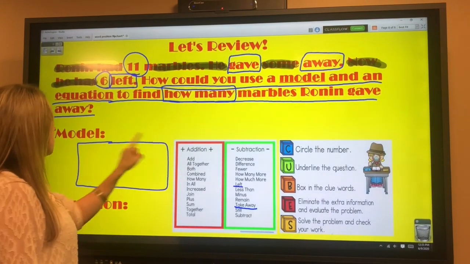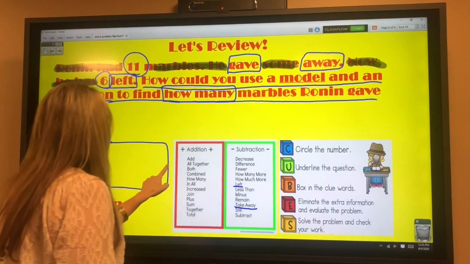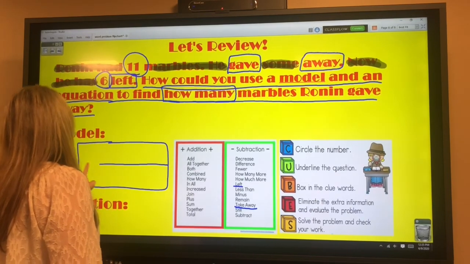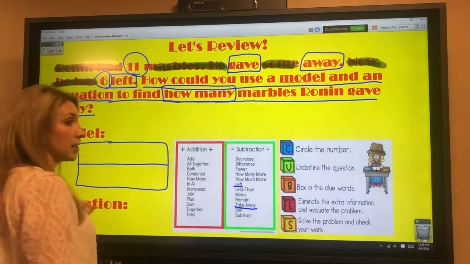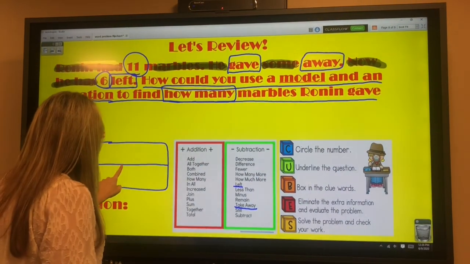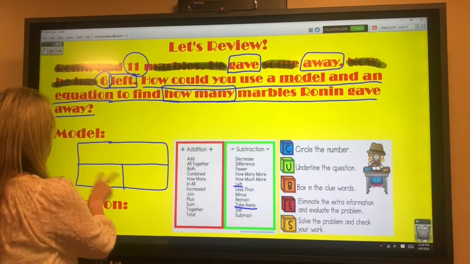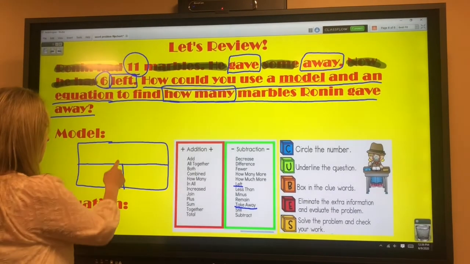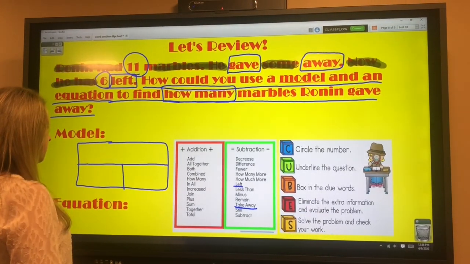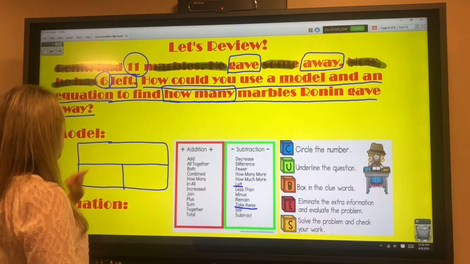Start with a rectangle, and split the rectangle in half, going horizontal. Then on the bottom, we want to create our 2 parts. So split the bottom half by drawing a vertical line down to show our part and whole.